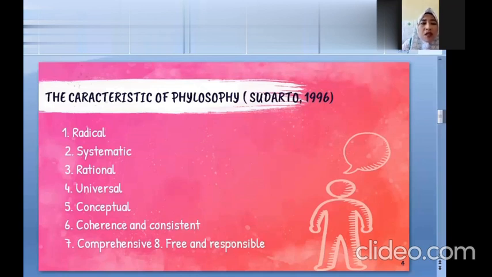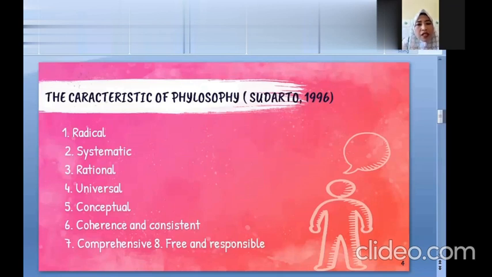It can be called not jumping around, but systematic and not random. The third one is rational. Rational means reasonable and logical in concept and framework. It is based on things that are general and logically related.